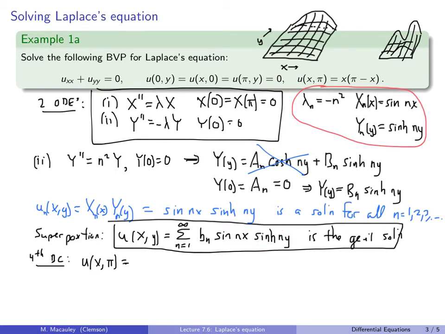That's a number, so let's move that out in front. So this is the sum from n equals 1 to infinity of B_n sinh of n pi, and this whole thing is a number, times sine of nx. And we have to set that equal to this, x pi minus x.